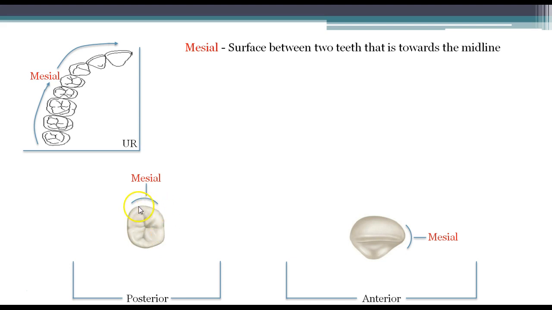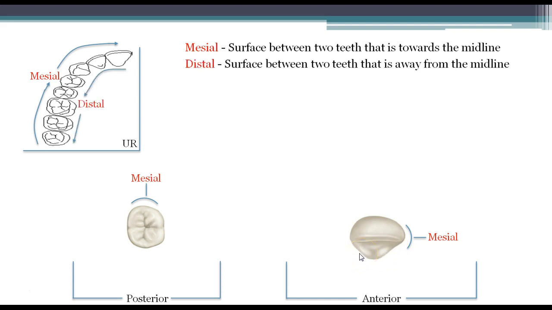This piece over here will be our mesial because it's going towards the midline. For anteriors, it's going to be this side because it's going towards the midline. Let's say we took the central incisor out. The midline is directly here. So this is right by the midline, so that would be the mesial surface. Over here will be our facial surface, and in the back over here will be our lingual surface.